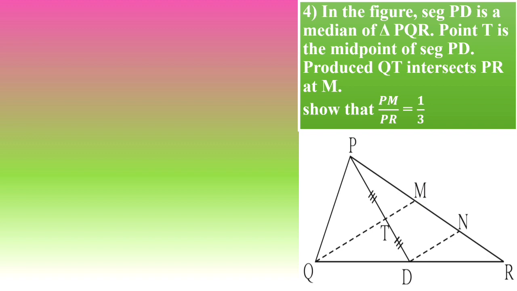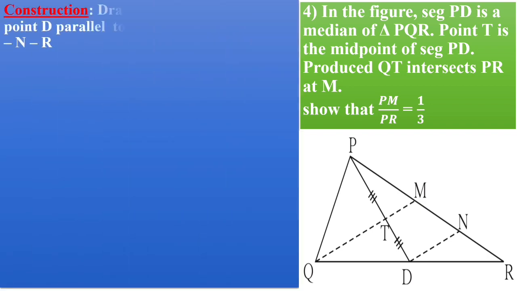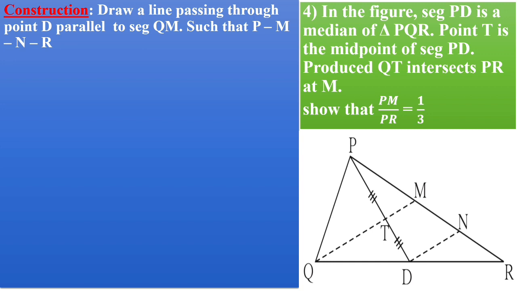Produce QT to intersect PR at point M. Show that PM upon PR equals 1 upon 3. We will do the construction over here. Draw a line passing through the point D such that P, M, N are collinear.